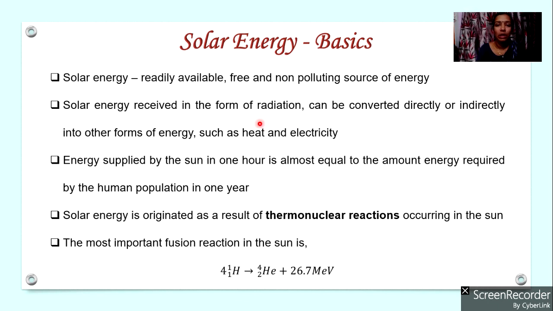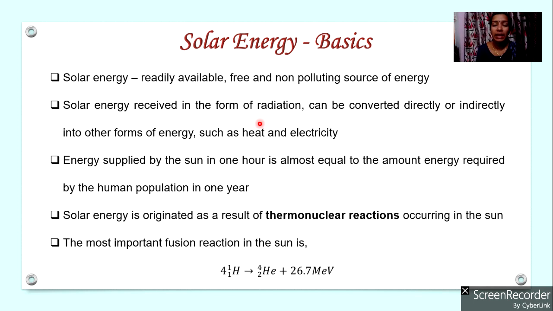So what are solar thermal systems? In solar thermal systems, the thermal energy or the heat energy of solar radiation is utilized. And this heat energy can then be converted to mechanical energy or electrical energy as required.